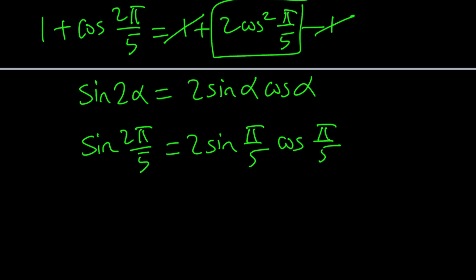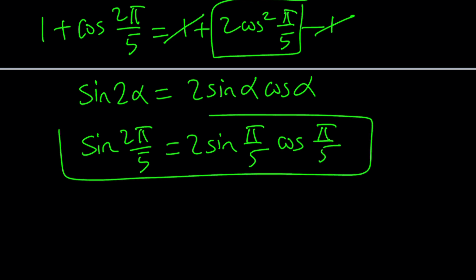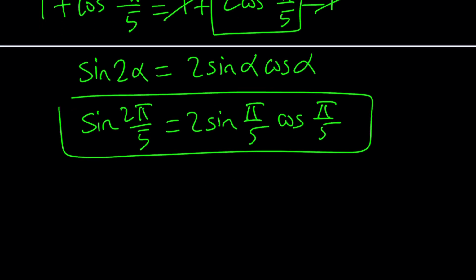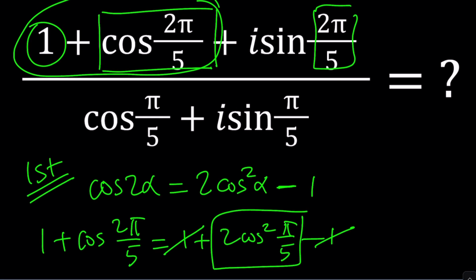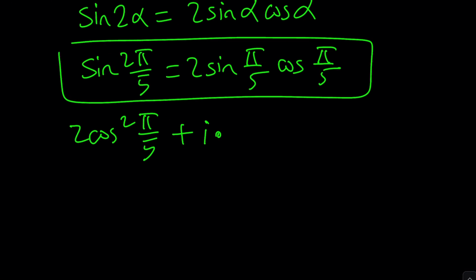Let's go ahead and make both of these replacements in our expression. We have 1 plus cosine 2 pi over 5, which is going to be replaced with 2 cosine squared pi over 5, plus i times 2 sine pi over 5 cosine of pi over 5, which is going to replace sine 2 pi over 5.